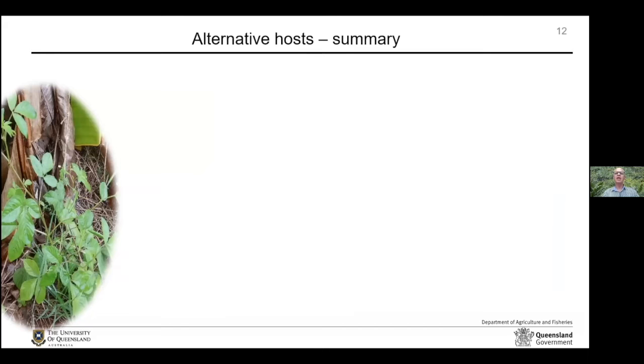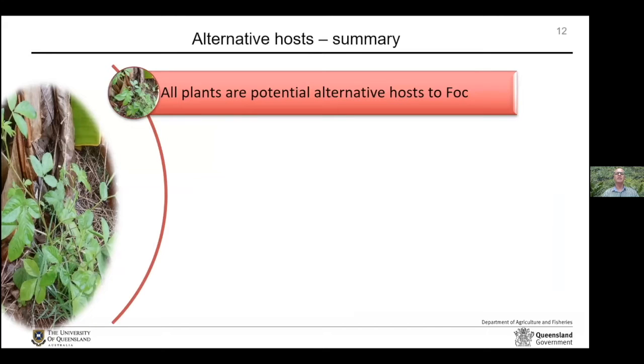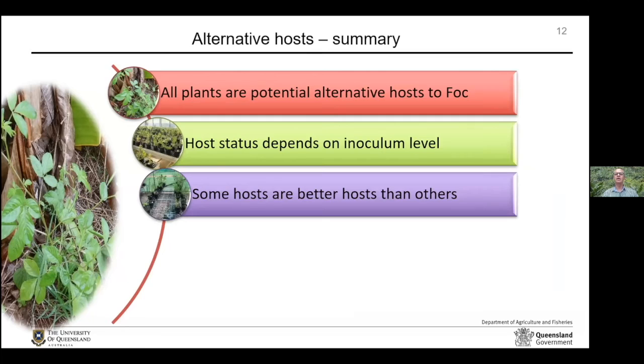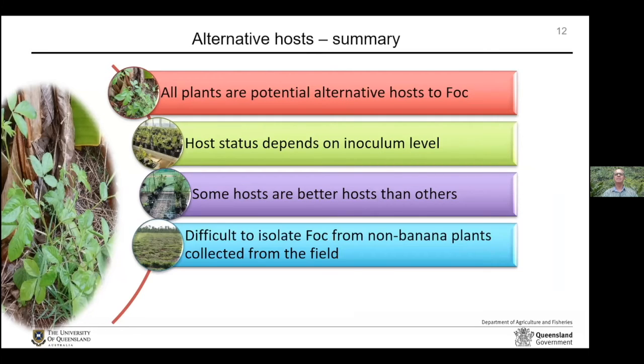So I've presented a lot of information on alternative hosts, so I just wanted to sum up before moving on. All plants are potentially alternative hosts to FOC. The host status depends on the inoculum level in the soil, and some alternative hosts are better than others.